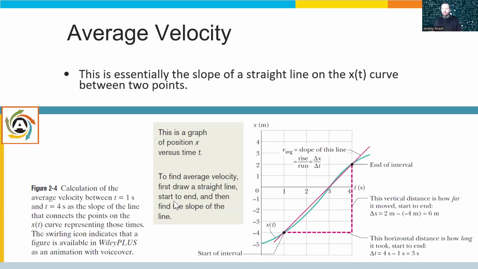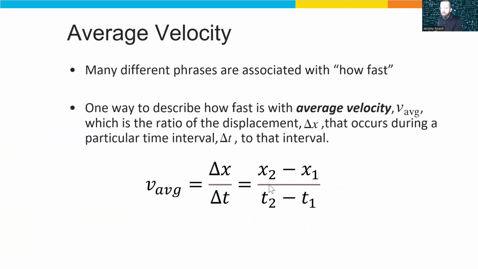And here, if we plot this same graph, again, we can see that the average velocity is a straight line. If we're starting and we're checking at 1 second, the displacement at 1 second was -4, and the displacement at 4 seconds is 2. And so we can find with this equation the average velocity between the two.